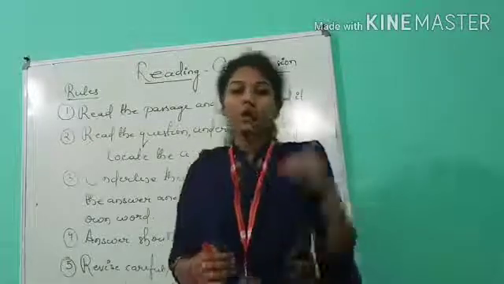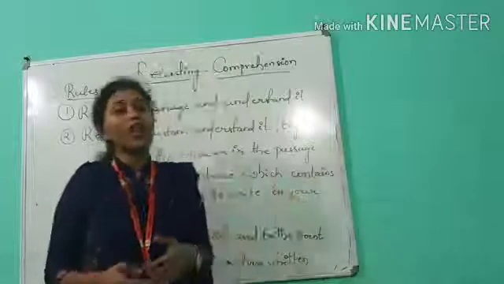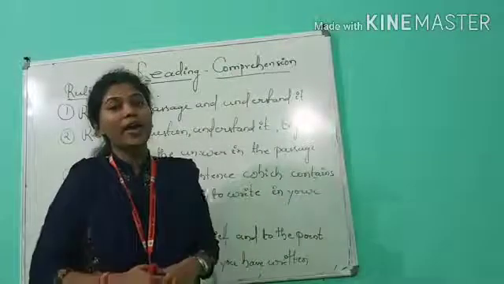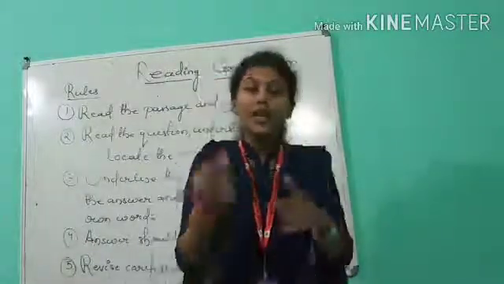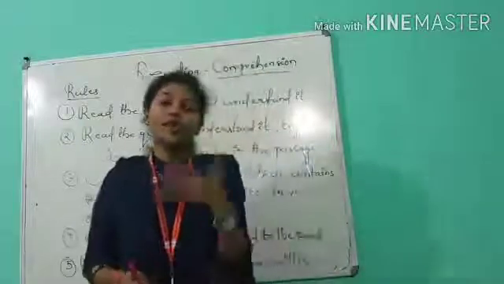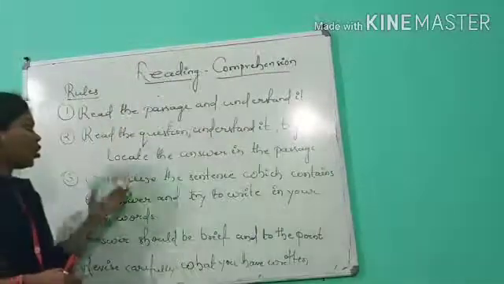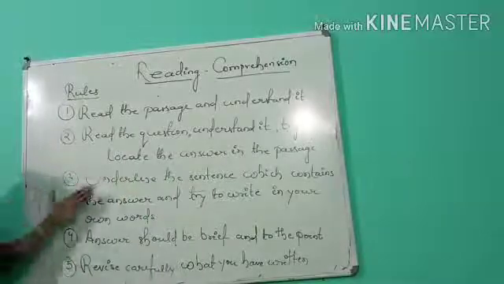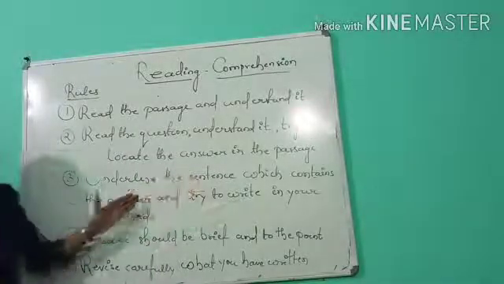No. So the second point is you need to find the answer to the question in the same paragraph, underline it, convert it into your own words and then write it down. Now the third point is: underline the sentence which contains the answer and try to write it in your own words.